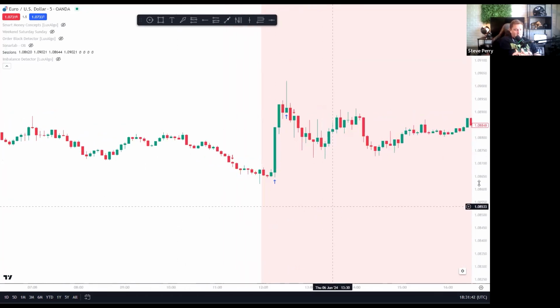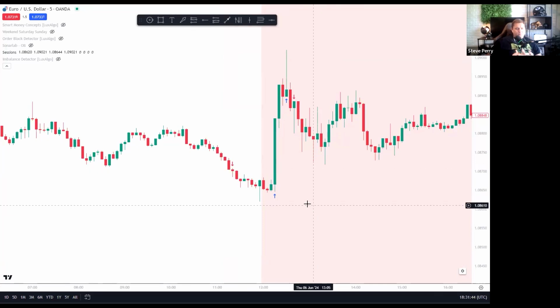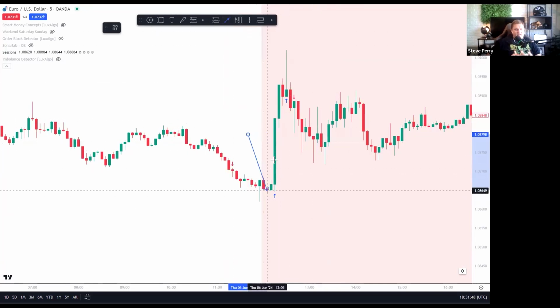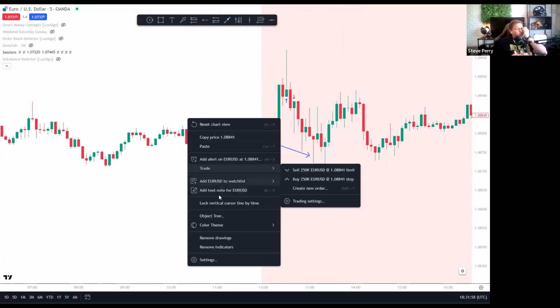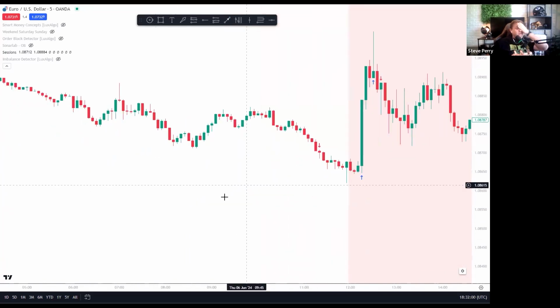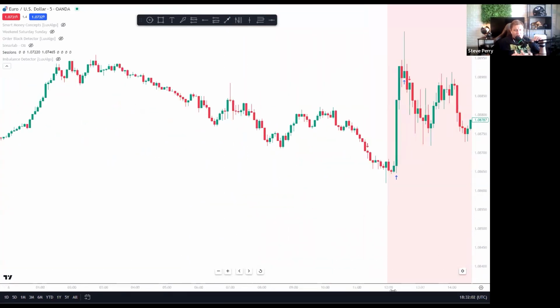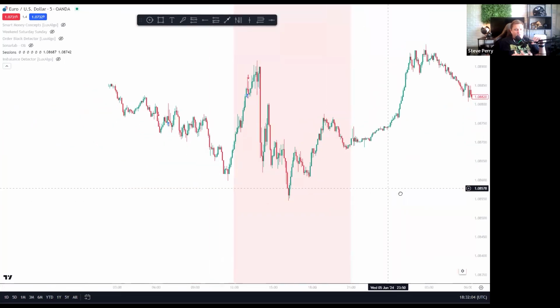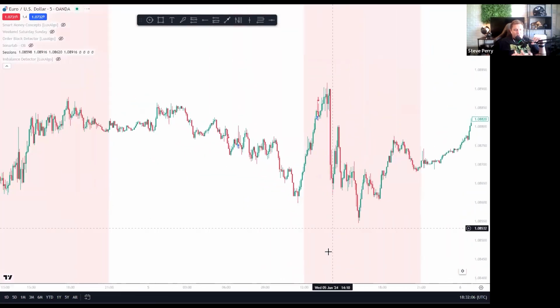Nothing quite lines up here. Obviously this is an engulfing candle, but it doesn't have 2 bear candles prior to it. Yeah, so that's what I'm looking for with some of these. So not every currency pair is going to have the setup that you're looking for every single day.